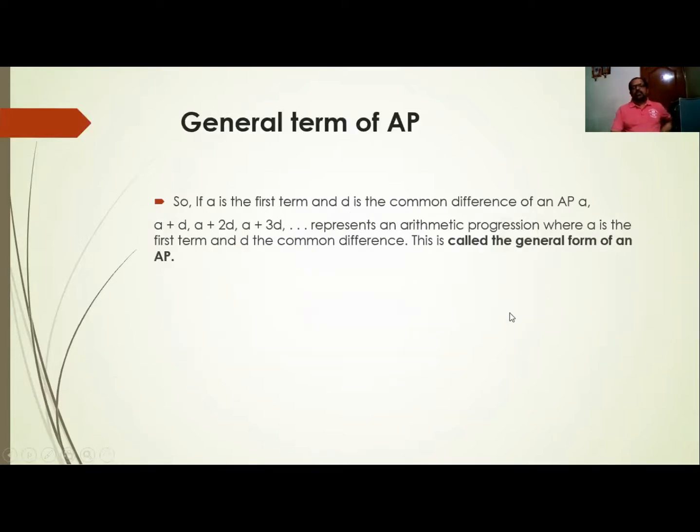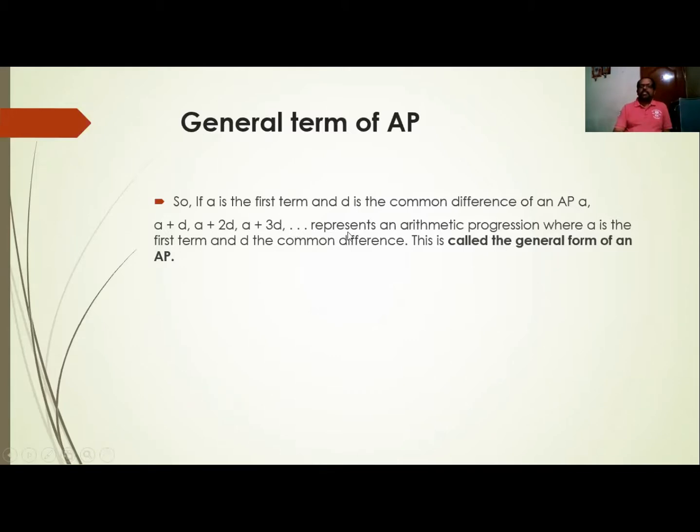One more important term in arithmetic progression is the general form of an AP. If a is the first term of an AP and d is the common difference of that AP, then the AP will be a, a plus d, a plus 2d, a plus 3d, and so on.